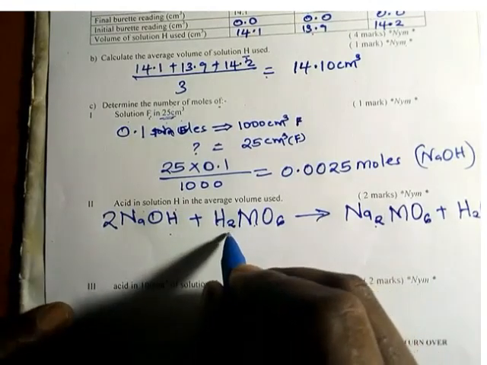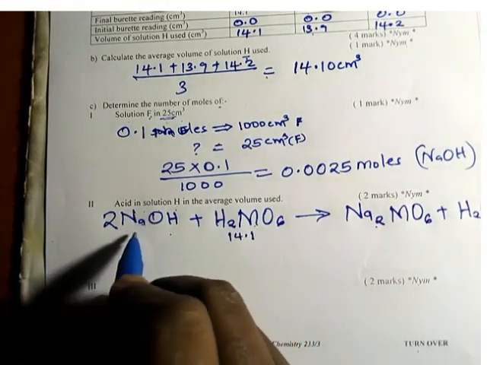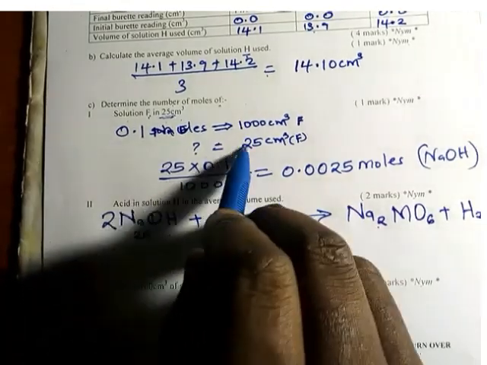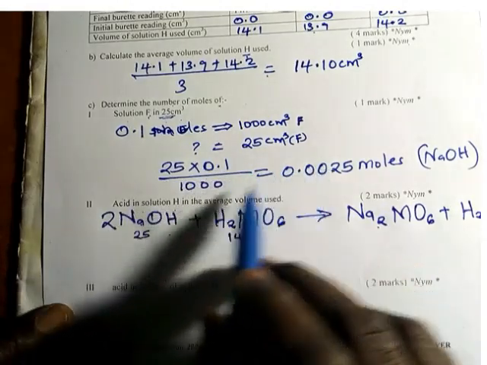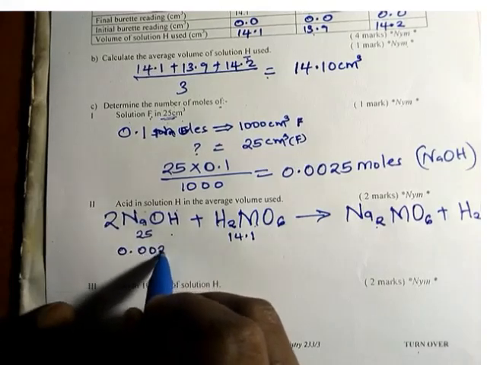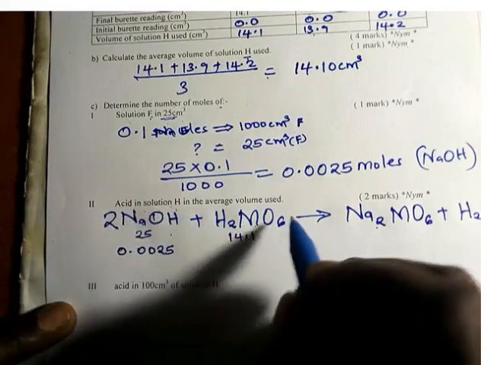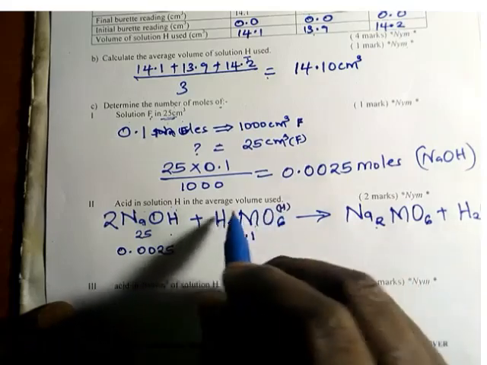The volume for this one is 14.1, and the volume for this one is 25. And we have its moles, 0.0025. So we are asking for the moles of H in the average.